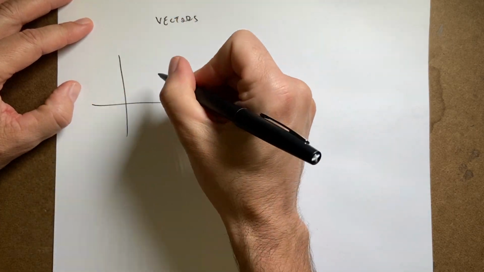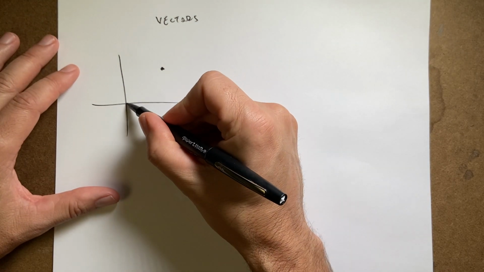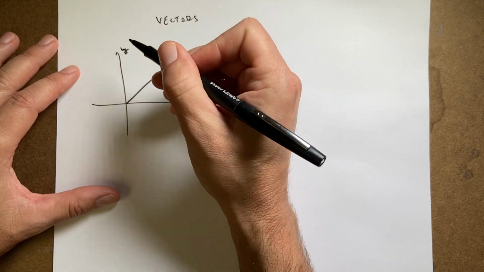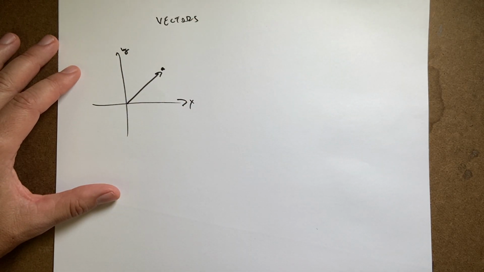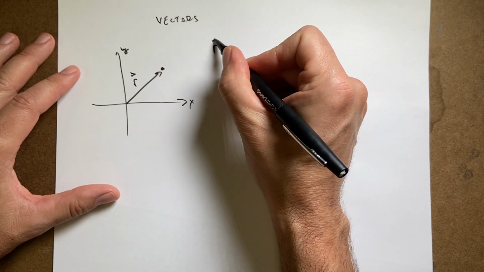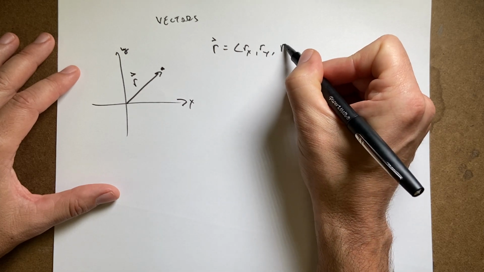A vector is a variable with more than one piece of information. So if this is the x, y coordinates, then we can describe position as a vector r. r equals rx, ry, rz.